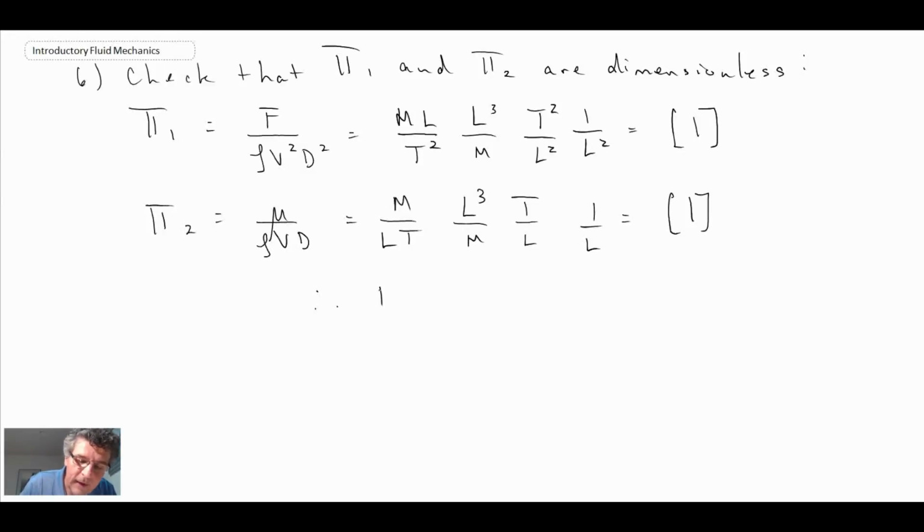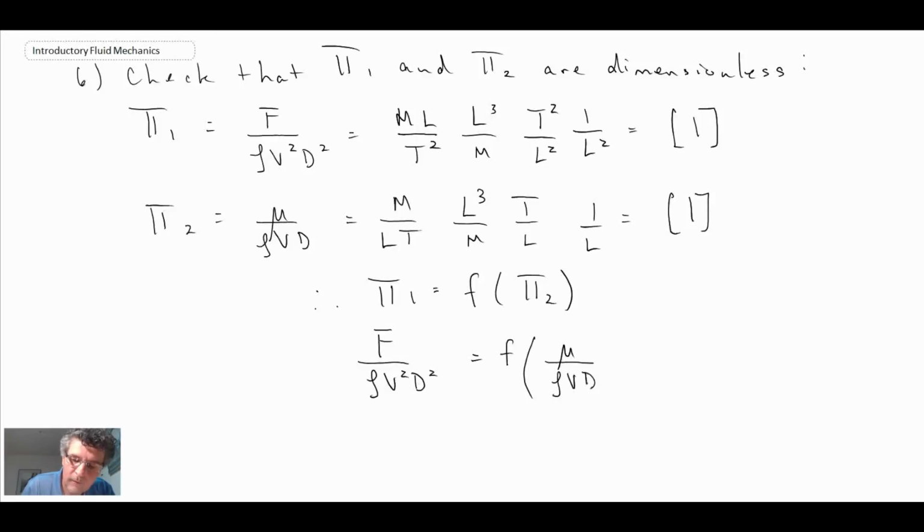And what we can write is that pi 1 is going to be equal to some function of pi 2. And substituting in pi 1 and pi 2, we get that for a relationship. And this functional form f, we don't know that yet.